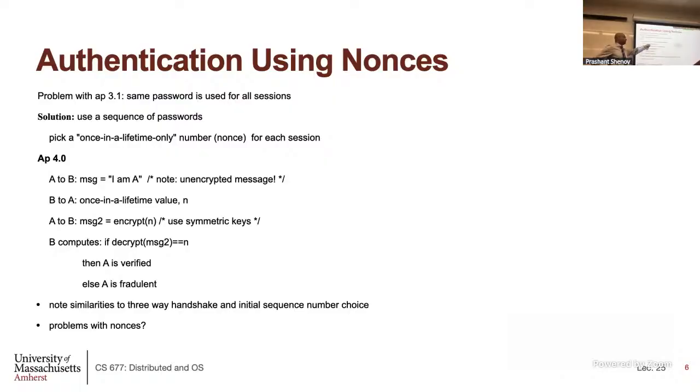The main thing here is the nonce is never going to be used again once it's generated, for any subsequent attempts by this or any other user. The second thing is the key shared by Alice and Bob is only known to Alice and Bob. So long as those two properties hold, this is fine. Of course, if somebody breaks into your computer and steals your key, all bets are off, because then the intruder can use the key to encrypt the message. So long as the key is secure and the nonce is never regenerated, this protocol is going to work. Okay. Any other questions here?